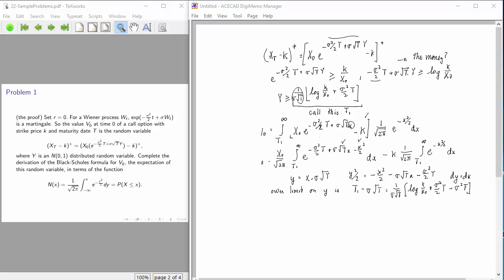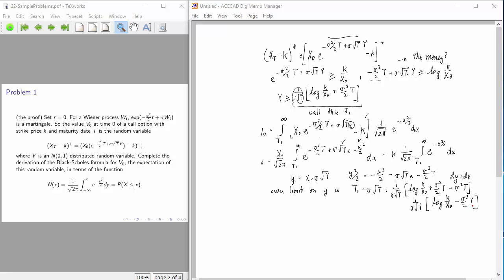Or, if you prefer, 1 over sigma root t times log of x k over x0 minus sigma squared over 2 times t.